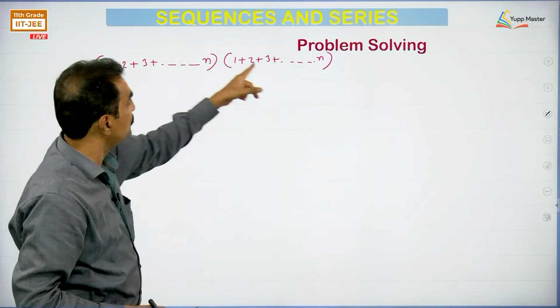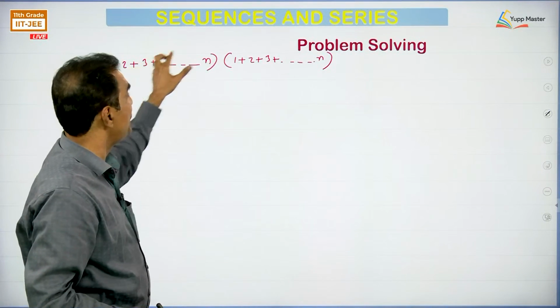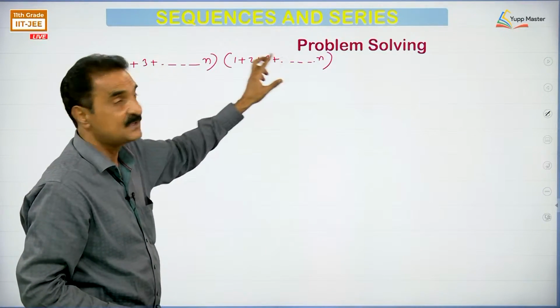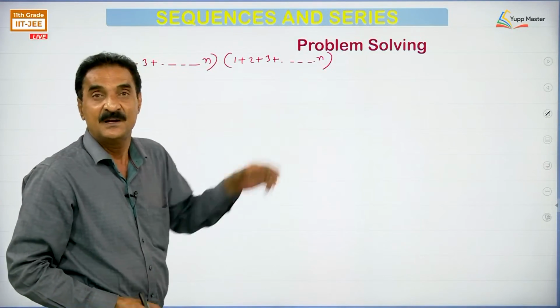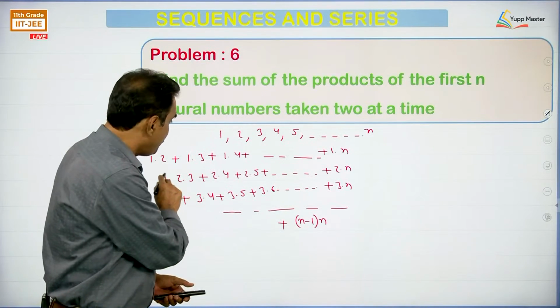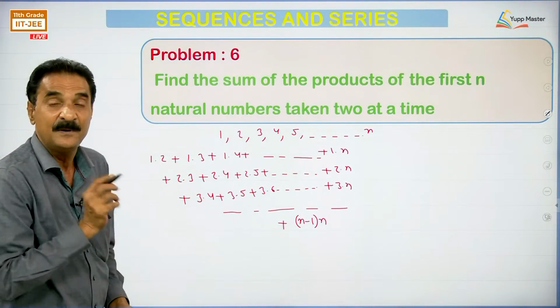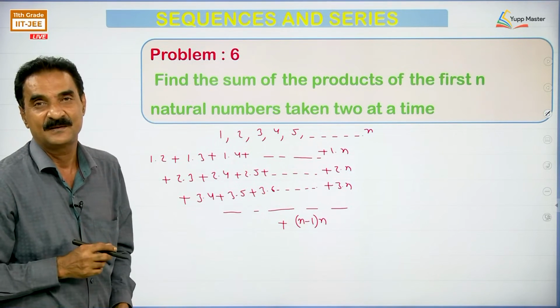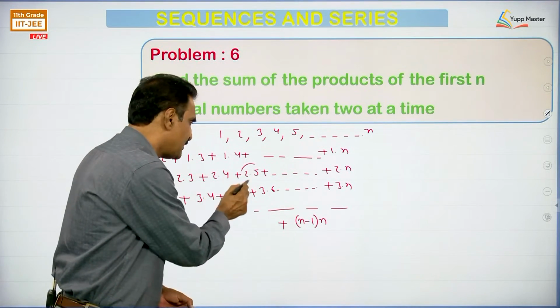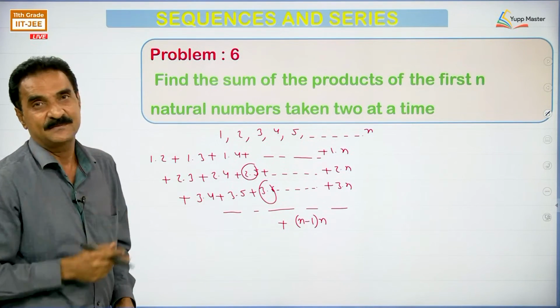See, 2 into 3 comes and 3 into 2 comes, and say 3 into 7 comes once and 7 into 3 also comes. So, in this expansion, every term of these rows will be present twice. Every term, take 2 into 5 or 3 into 6, it will be present twice.